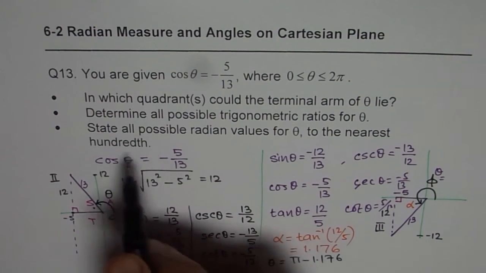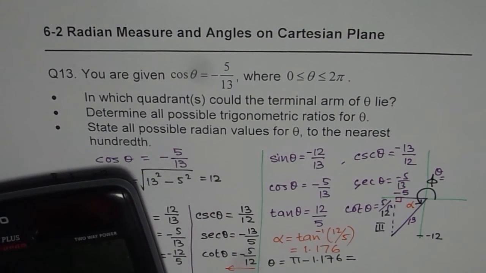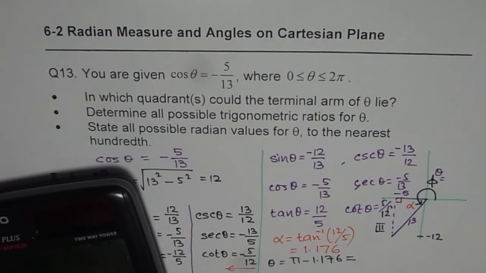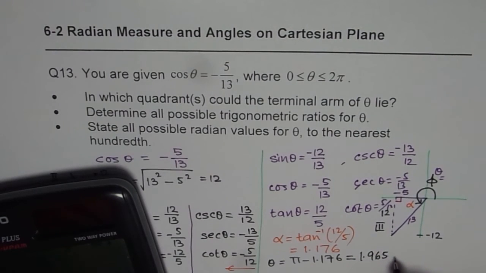We have to round it to the hundredths. So pi minus 1.176 equals 1.965, which I can round to 1.97. So this is in quadrant 2.